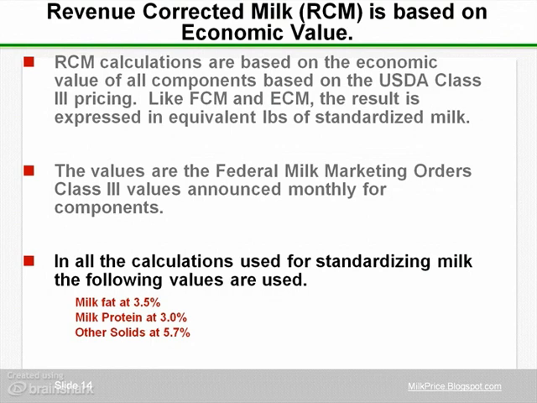Based on reasonable component values, a pound of milk at 3.5% fat, 3% protein, and 5.7% other solids is worth about 16.5 cents per pound. But a pound of milk with higher 3.8% fat and higher 3.2% protein and 5.7% other solids would be worth about 17.6 cents per pound.